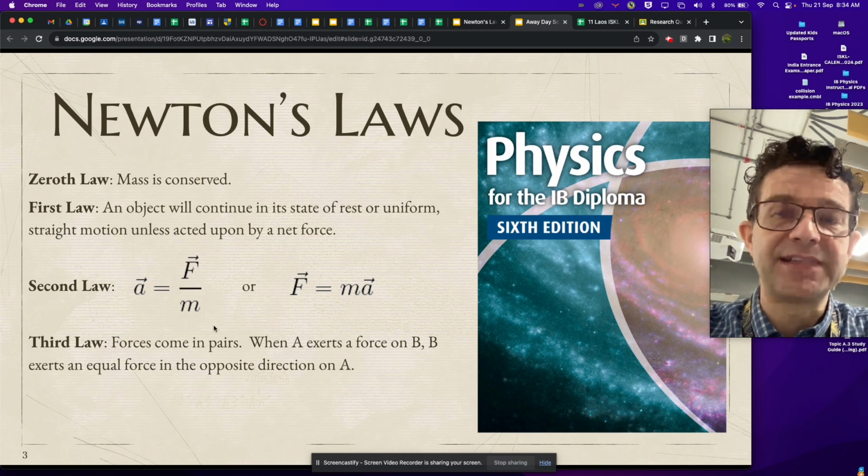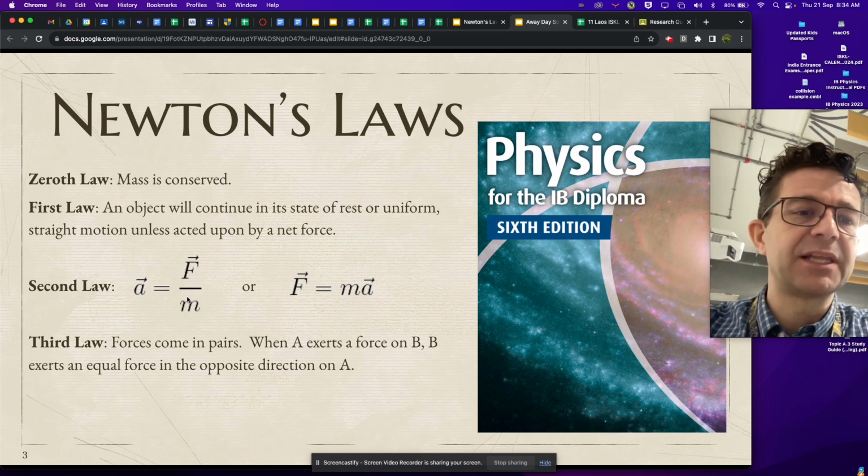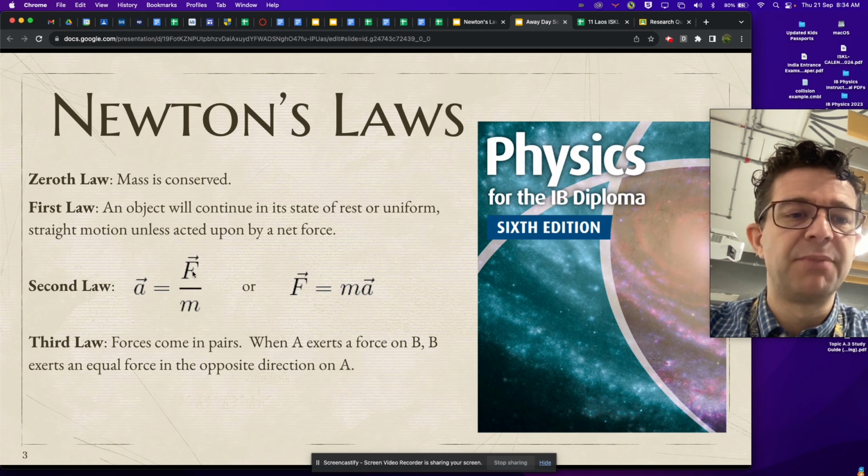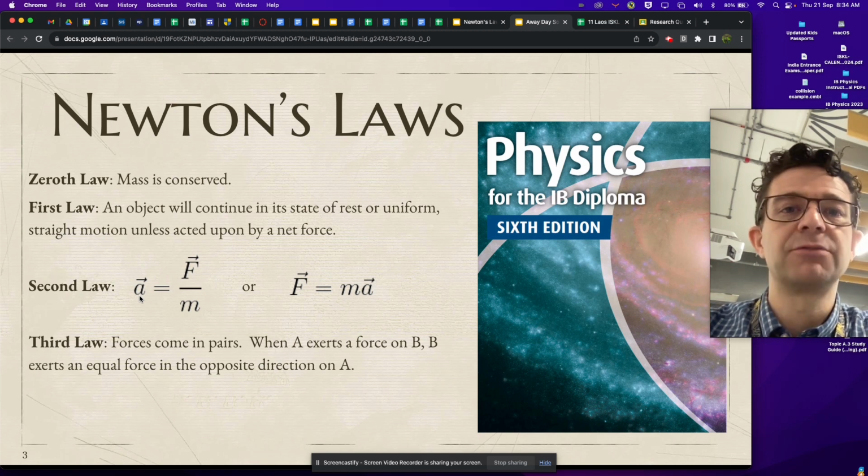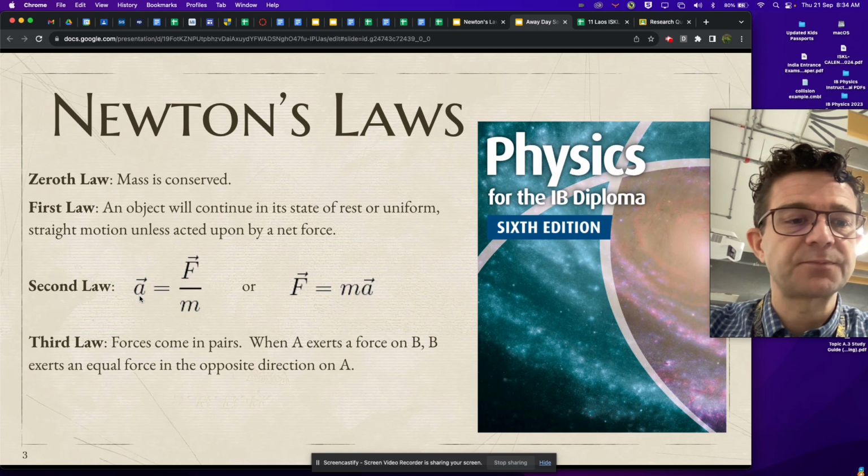More often written as F is equal to ma, but I like this form because it feels causal to me. The acceleration is caused by the net force. And that contains the first law because if the net force is zero, then the acceleration will be zero, which means that the object will stay at rest or in constant straight line motion.